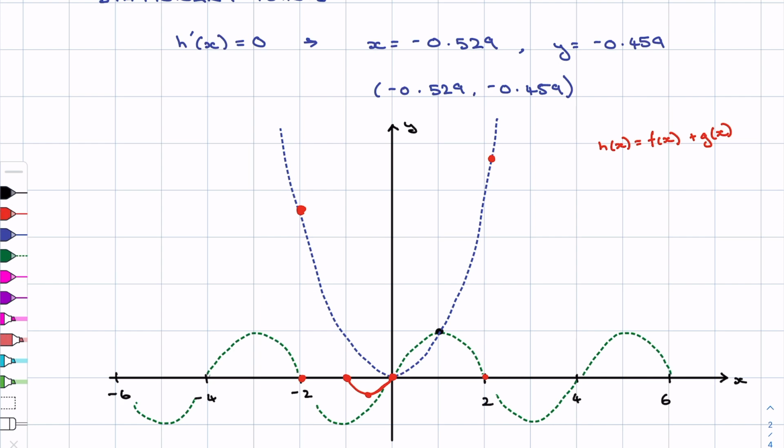Now, what I need to be concerned with is these two values, or all the values in this region. So what I'm saying is f(x) is positive and g(x) is positive. Therefore, when I add them together, h(x) has to be greater than f(x).